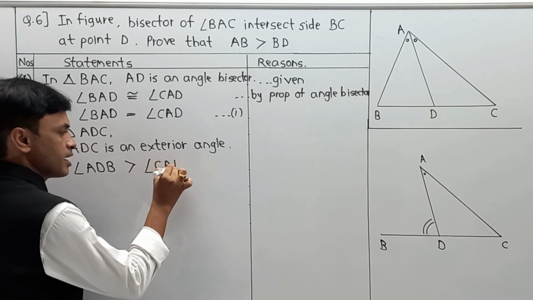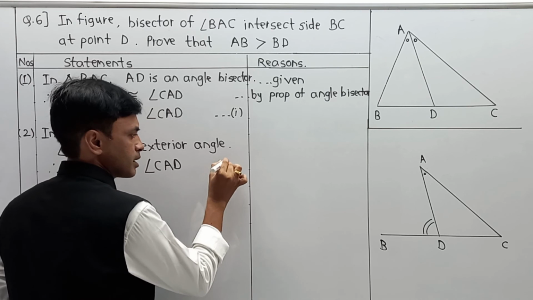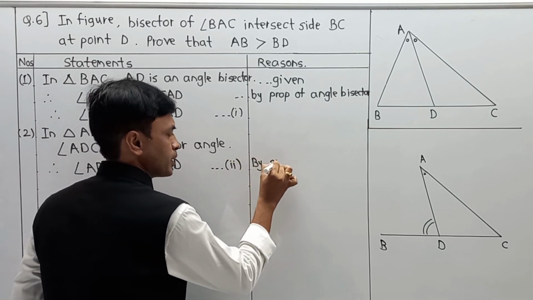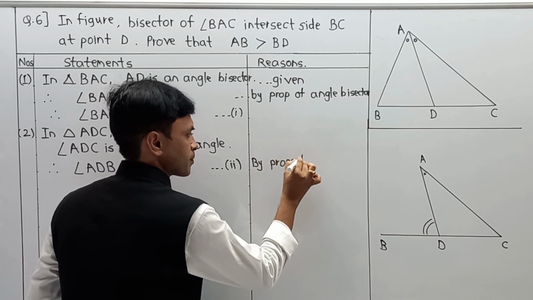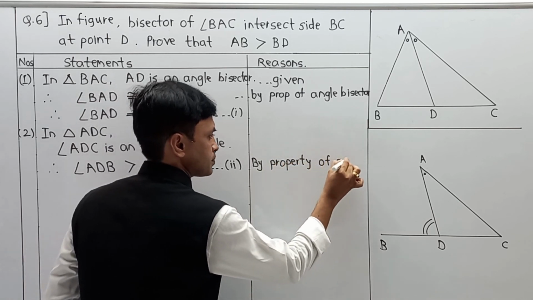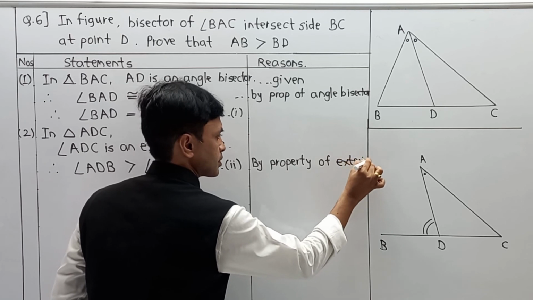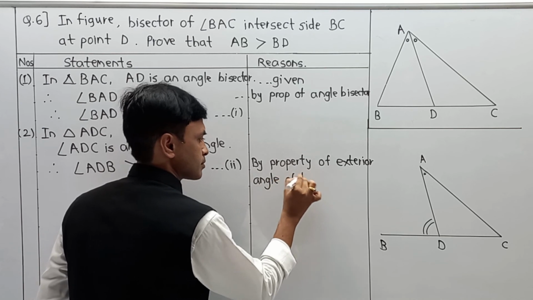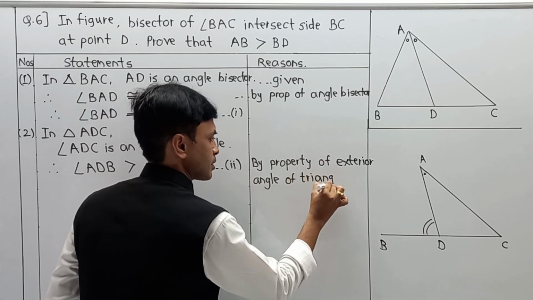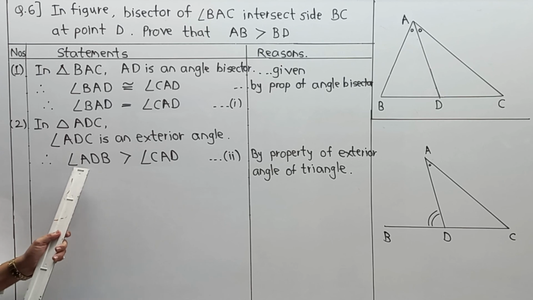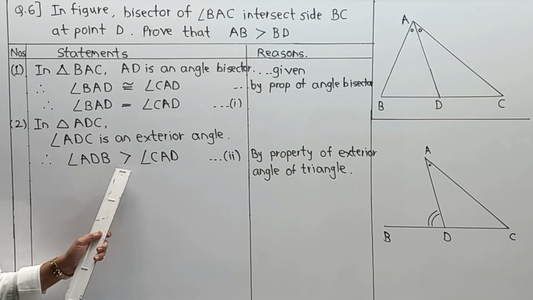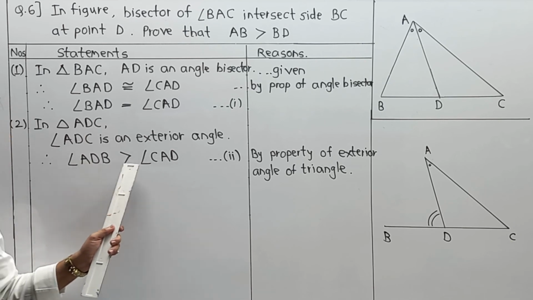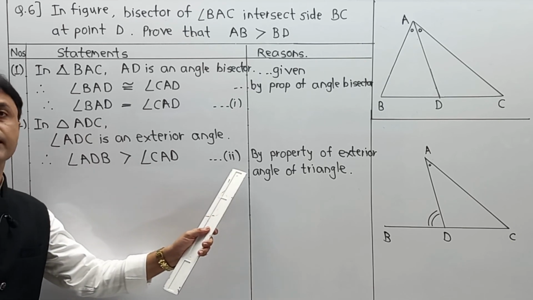I would give it as equation number 2, and by property of exterior angle of triangle, we are able to get angle ADB greater than angle CAD, which is nothing but equation 2.